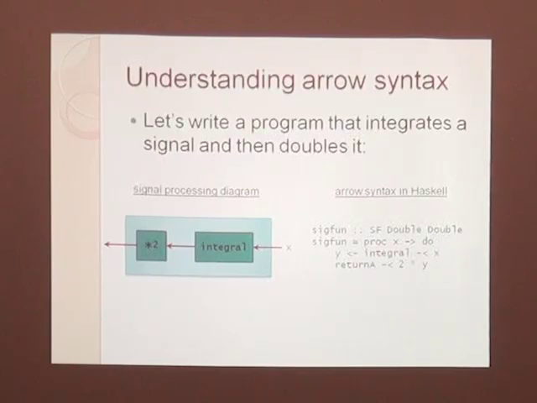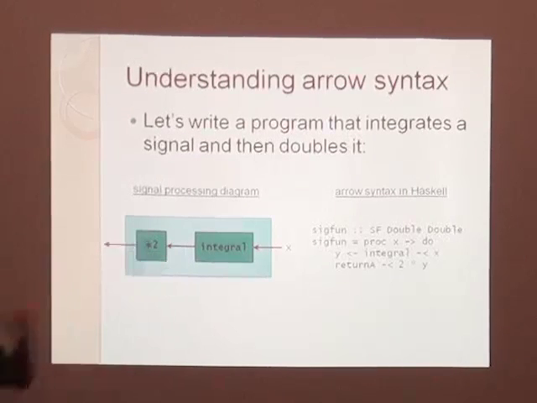Here, the first line, sigfun, is an SF from Double to Double, meaning that it's a signal function that consumes doubles and produces doubles, streams of doubles. And then we have some notation that says the input value is X, and what it does is it sends X through the integrator, through this integral signal function, and Y is the value after that, some sort of instantaneous value between the integral and the times 2.